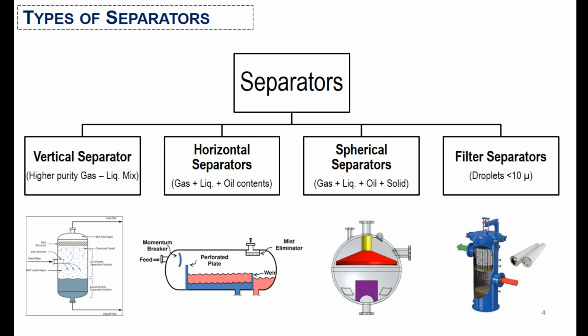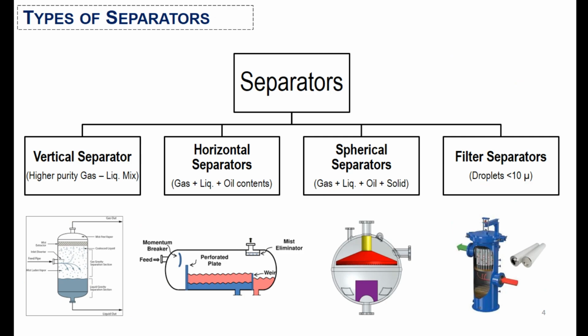Mainly, there are four types of separators: vertical separators, horizontal separators, spherical separators, and filter separators. Vertical separators are suitable for higher purity gas-liquid mixtures, while horizontal separators are suitable for gas, liquid, and oil contents.